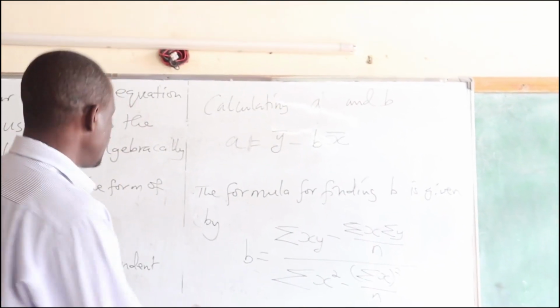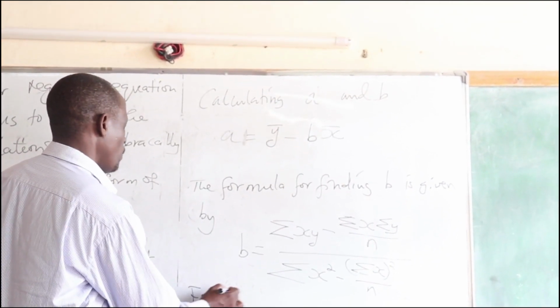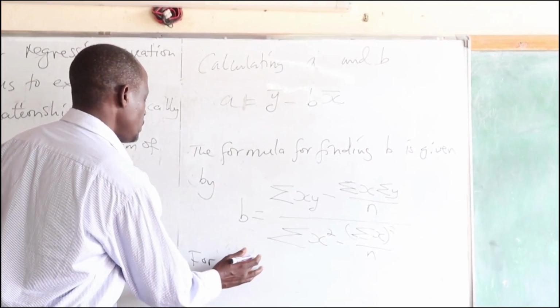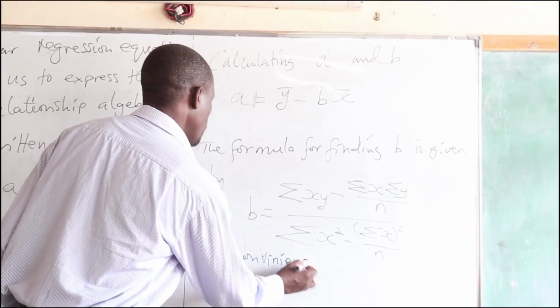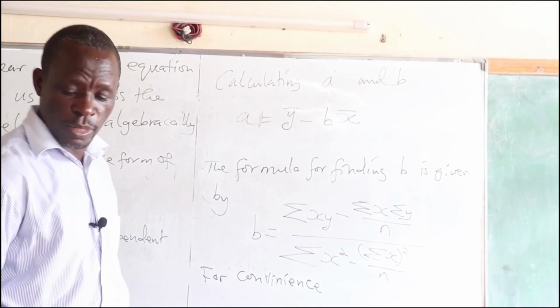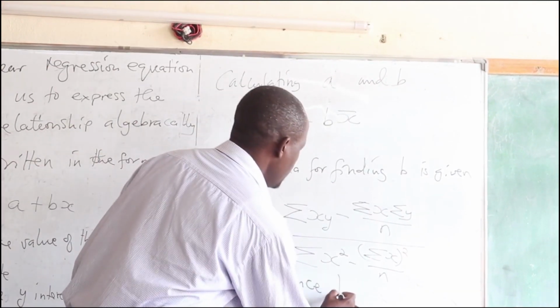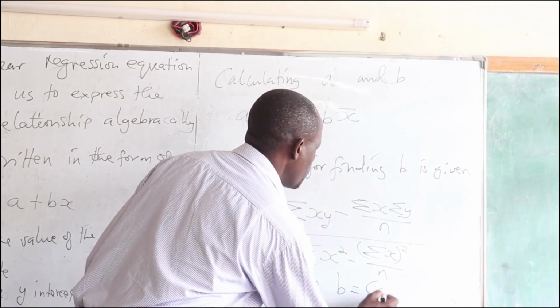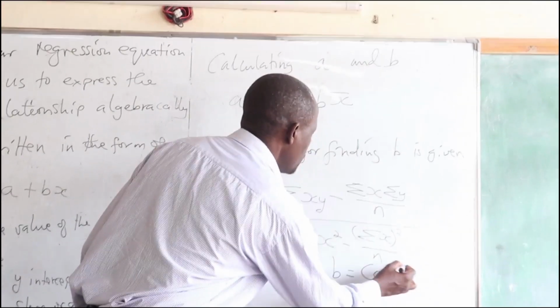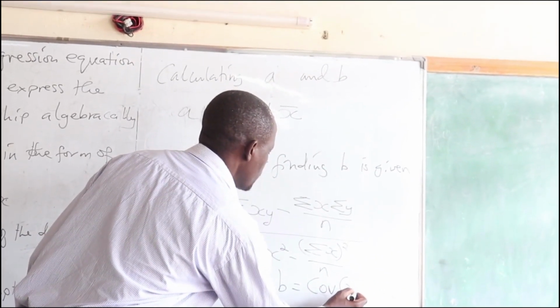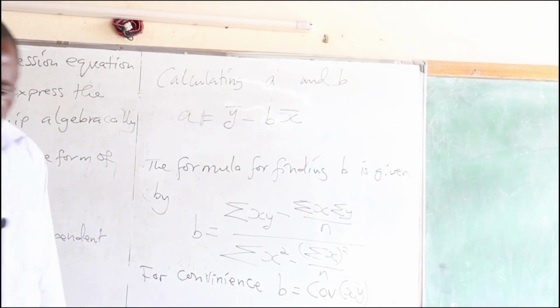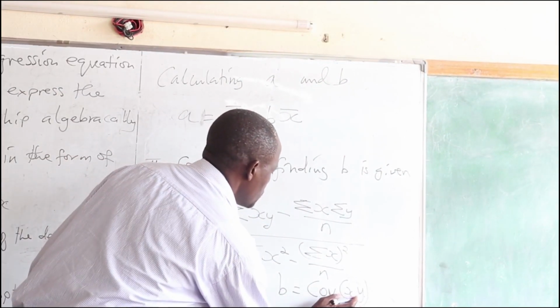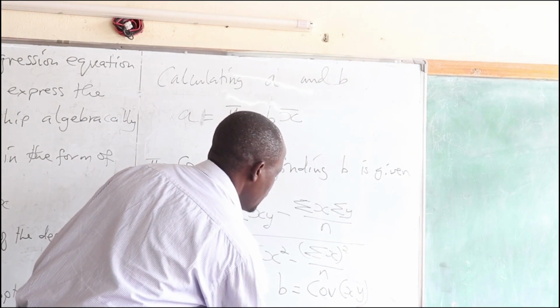For convenience purposes, we can rewrite this as b is equal to cov xy divided by variance of x, cov xy divided by vx.